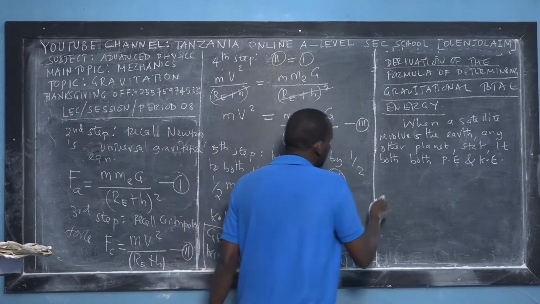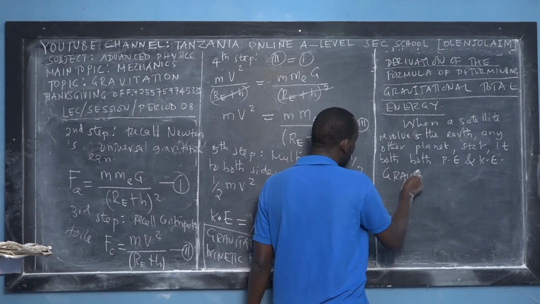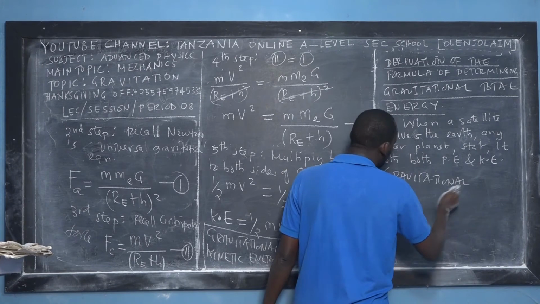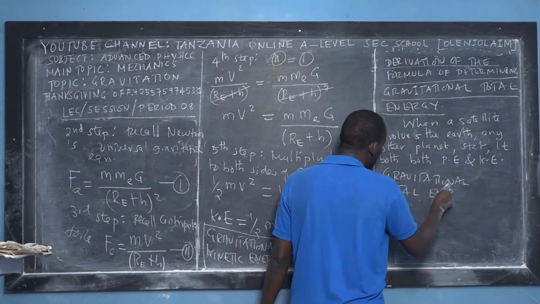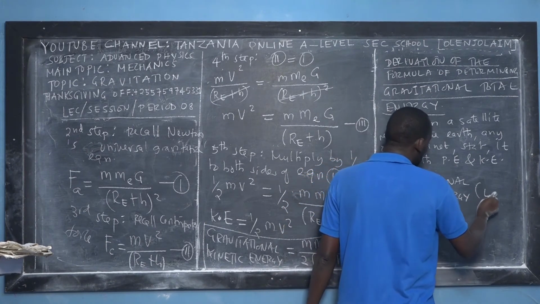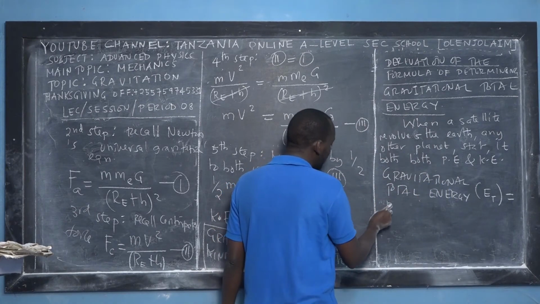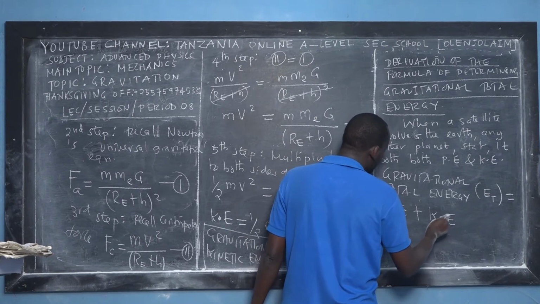So now, the gravitational total energy, which is E total, is given as the gravitational potential energy plus kinetic energy.